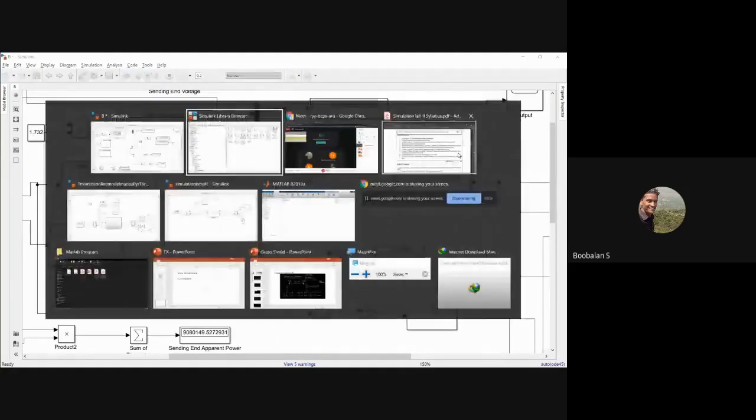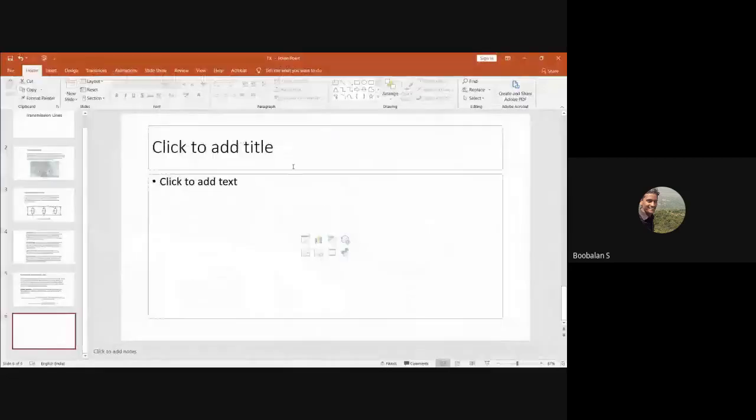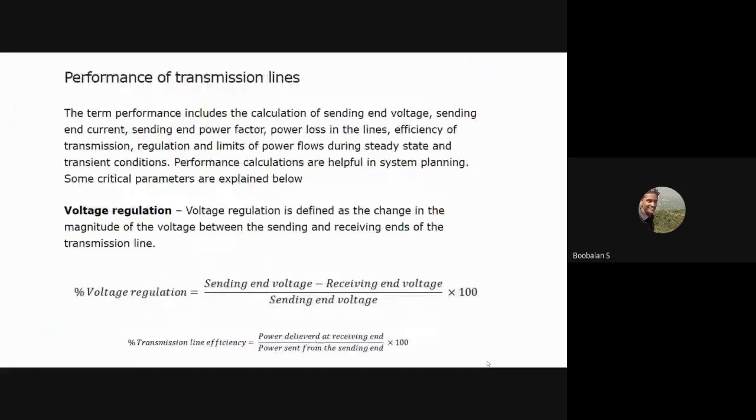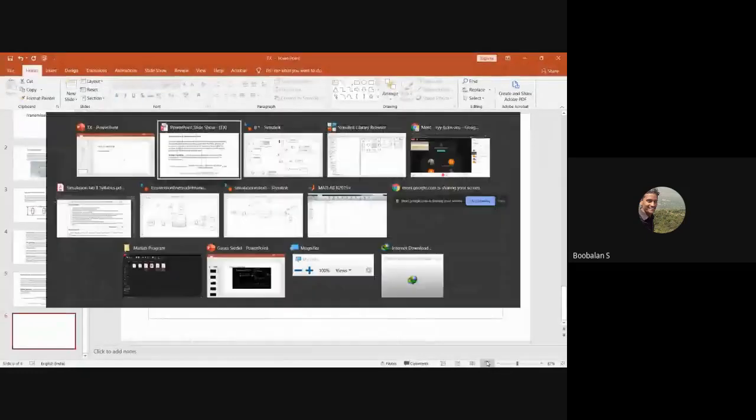I think I have a PPT also. Okay, sending end voltage minus receiving end, divided by sending end voltage, into 100, right?